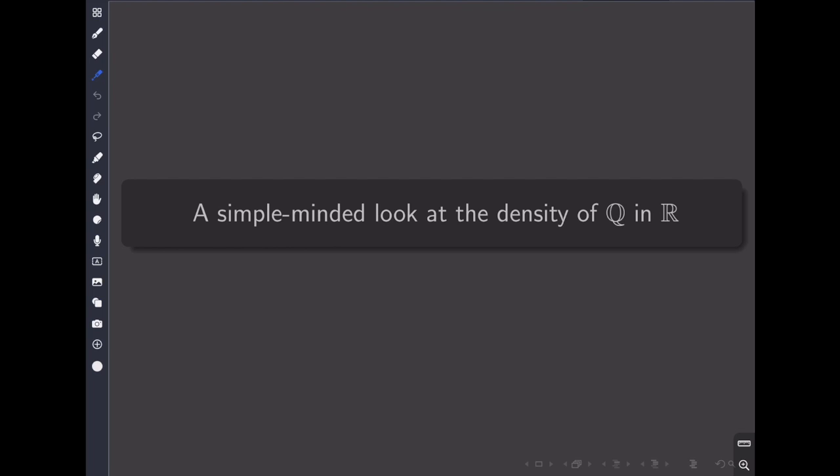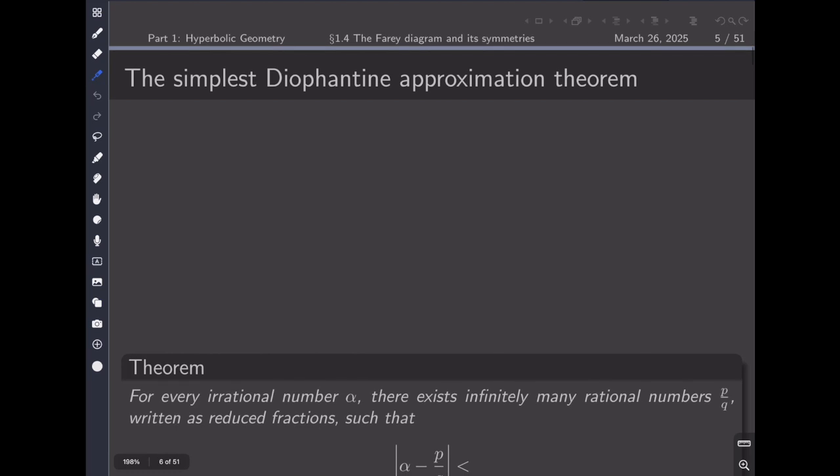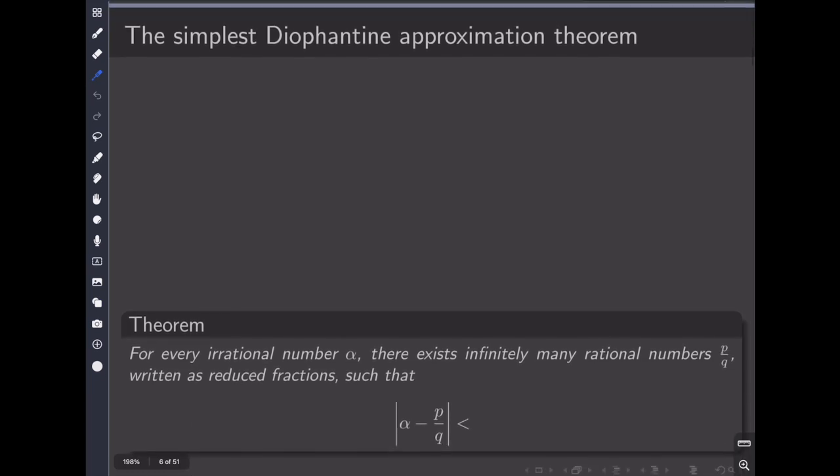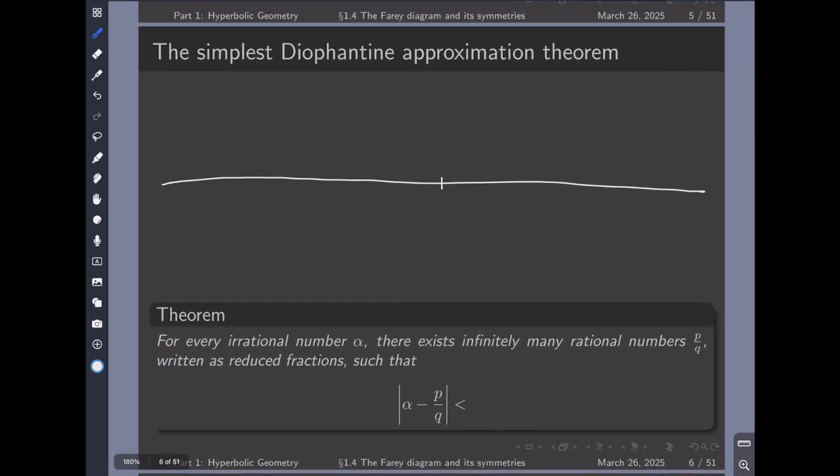And it's just the fact that we have known forever, which is that Q is dense in R. Let me draw the real line. Then take an irrational number, say alpha.